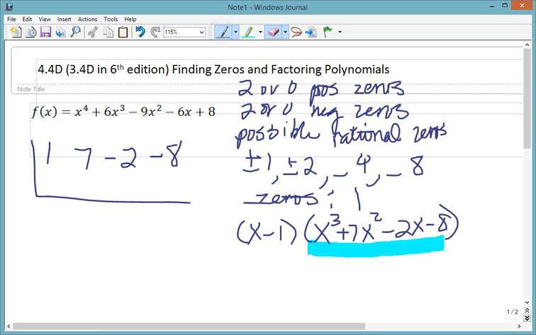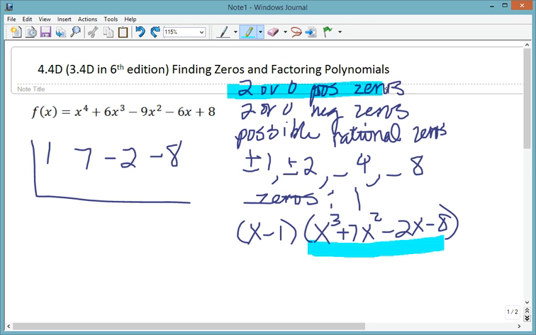So what do you think that means that I said here that it was either 2 or 0? It was either 2 or 0 positive zeros, right? Well, I found 1. So where's the other one? I know there's got to be 2 because there's not 0, so it's got to be 2.